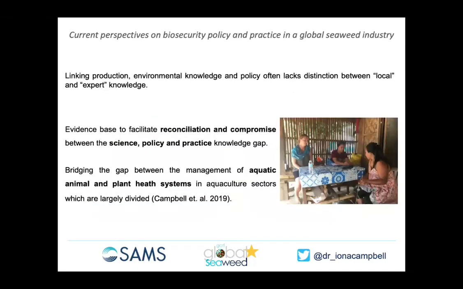And from the results of this research, coming from the angle of global policy and then global practices, we found that linking production, environmental knowledge and policy often lacks a distinction between what local knowledge and expert knowledge is, which are both extremely valuable when trying to tackle biosecurity. The evidence base is needed to facilitate reconciliation and compromise between the different organisations of science and policy and farmers.